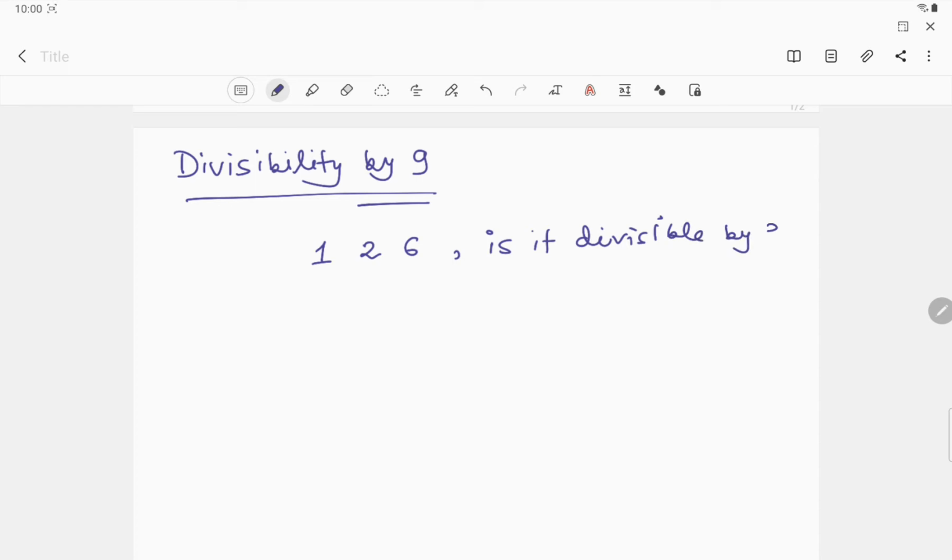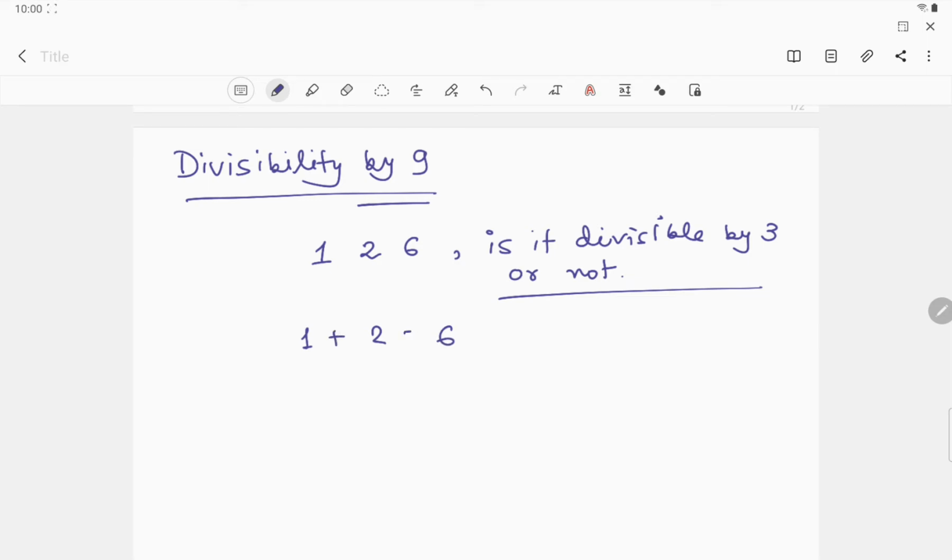It contains 3 digits, right? So digits are 1, 2 and 6.